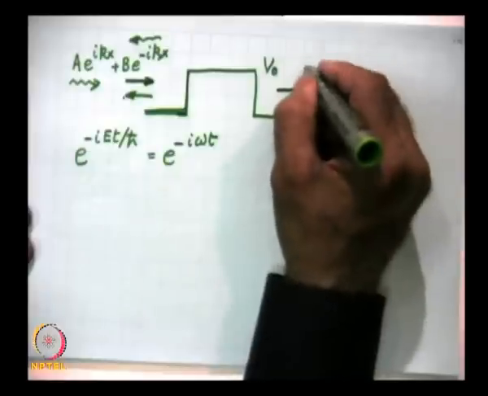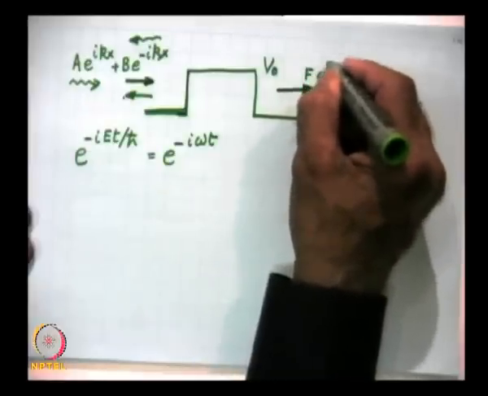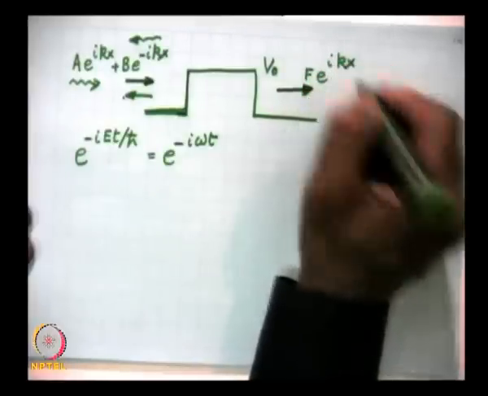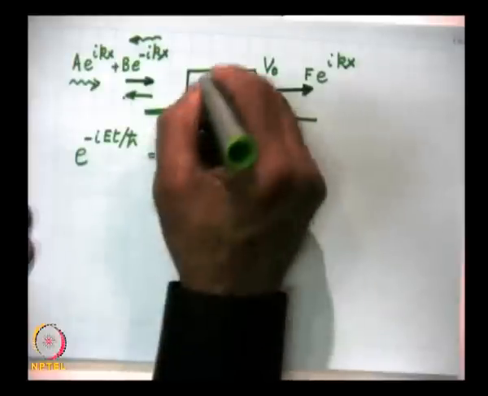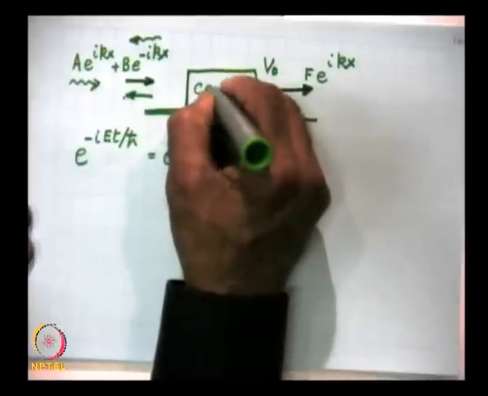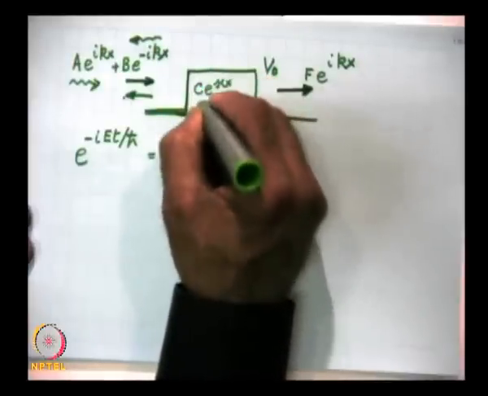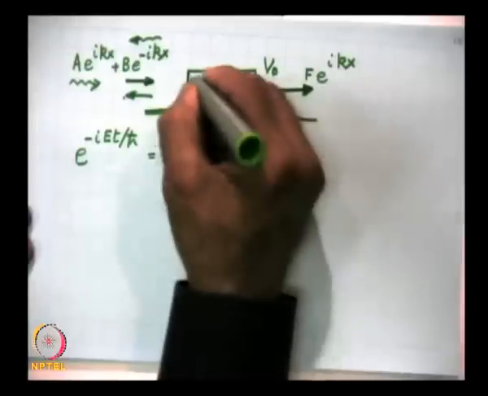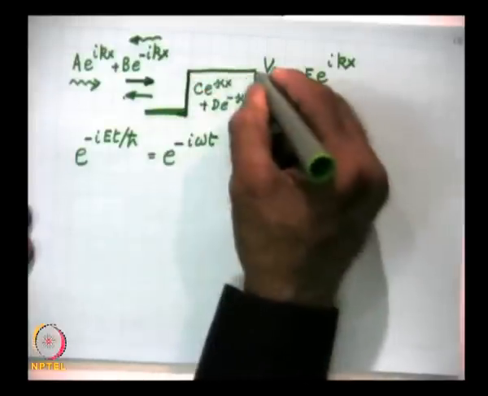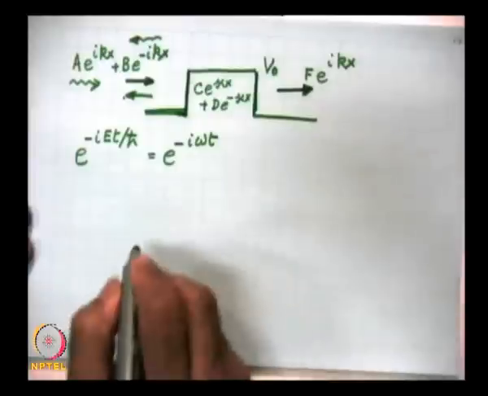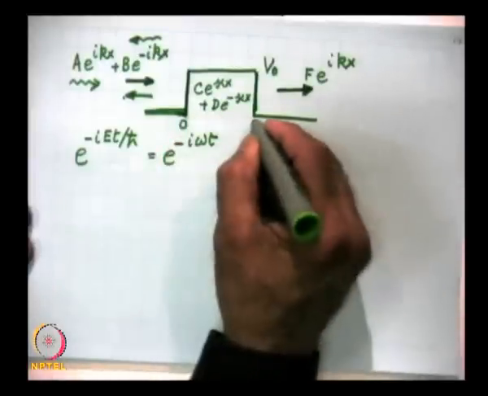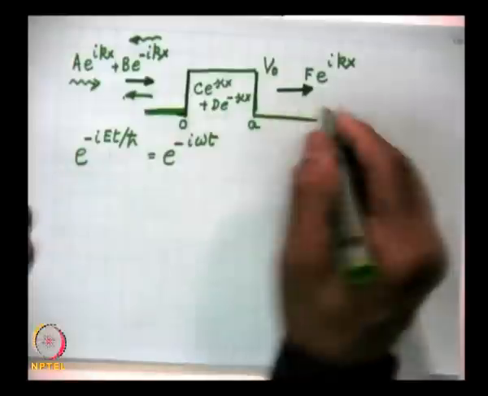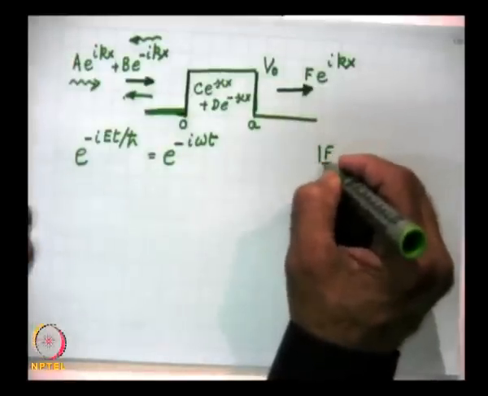So, we had assumed a solution of the form F e to the power of ikx, and in this region we had written down the solution as C e to the power of kappa x plus D e to the power of minus kappa x. Then we applied continuity conditions at x equal to 0 and at x equal to a, and found out what F by A whole square was.